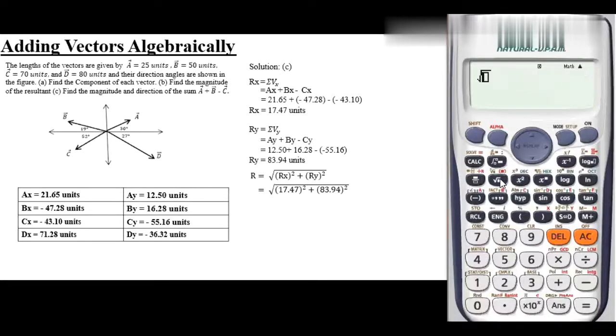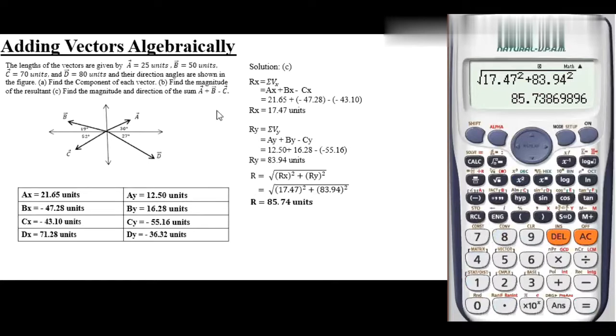So plugging the values to your calculator, that is equal to 85.74. So R is equal to 85.74 units.